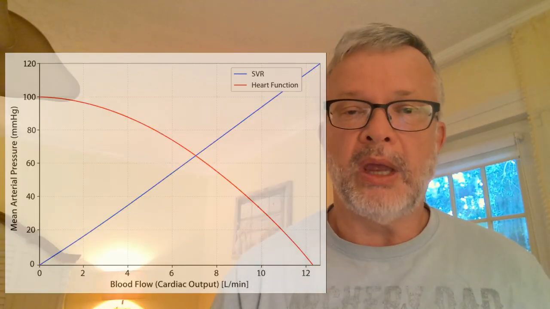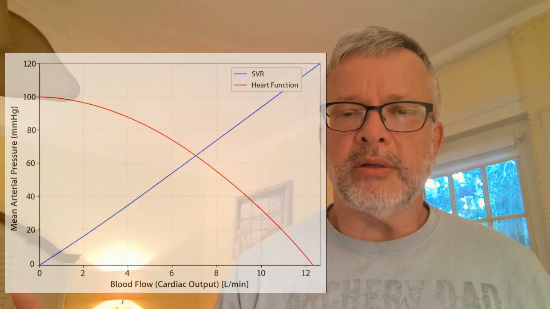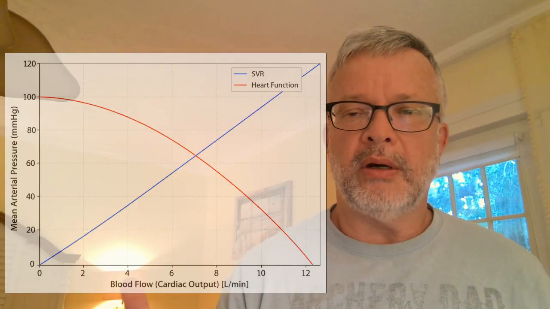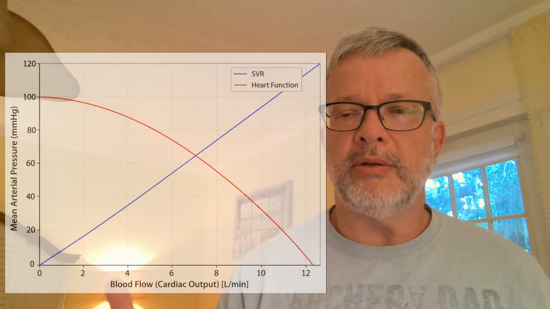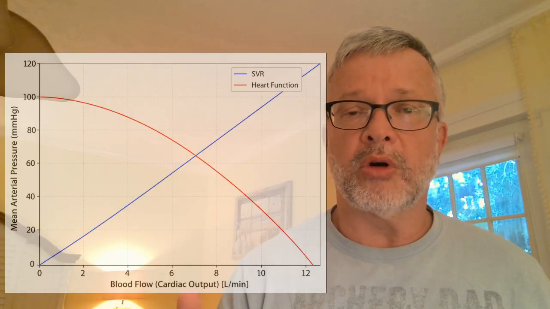I'll draft for you a simple graph. On this graph, you will see how those two components of the system, the pump and the resistance, work together. Here on this axis, you see flow or cardiac output.